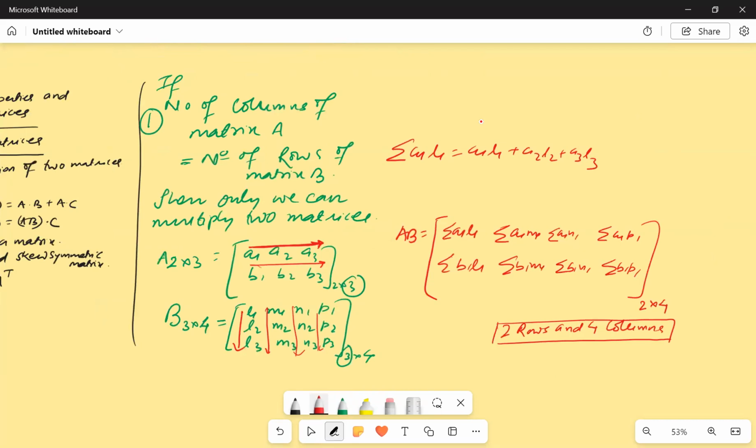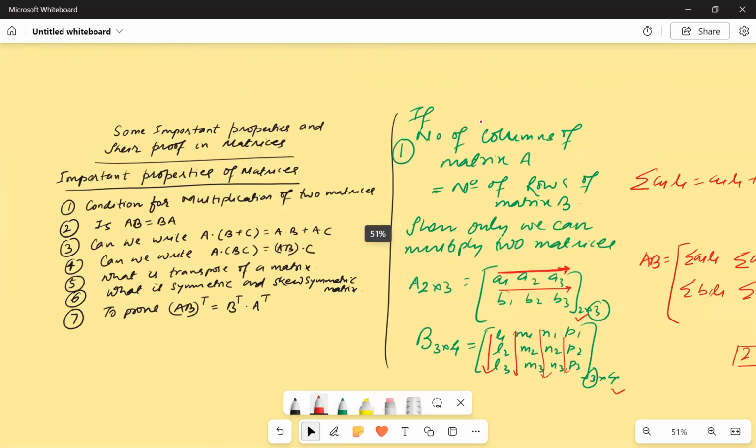Okay, so this is the condition for multiplication of matrices: the number of columns of matrix A is equal to the number of rows of matrix B. And the resulting matrix will have 2 into 4 rows and columns.